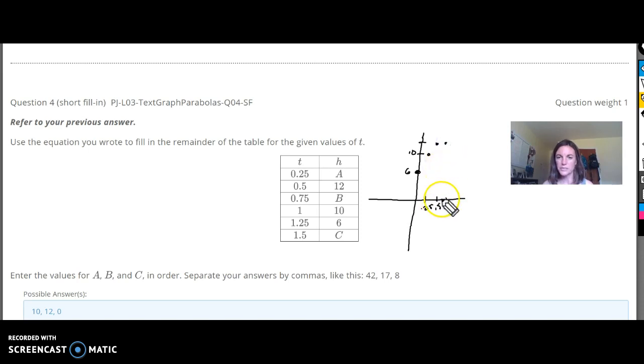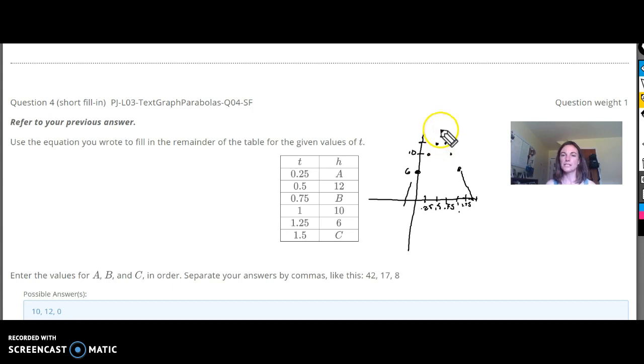So somewhere between 0.5 and 0.75, I crested at probably 12.25. Then at 1 second, I'm back down to 10. And at 1.25 seconds, I'm back down to 6. And at 1.5 seconds, it's not a perfect picture there, but I'm all the way back on the ground at 1.5 seconds, okay?